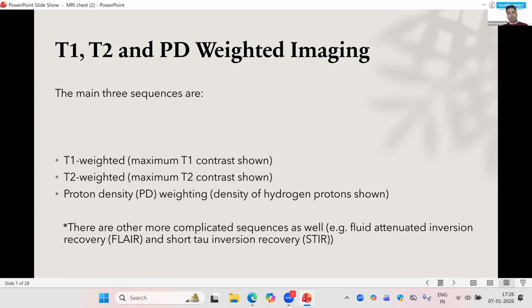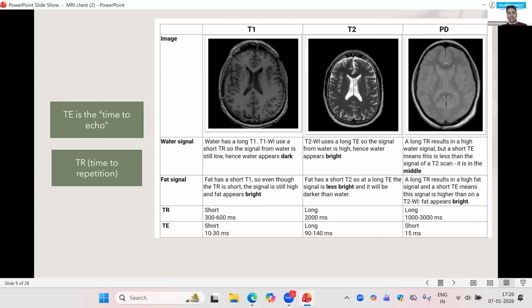In this slide you can see that in T1 weighted images the fat appears brighter, and in T2 weighted images the water content of the organ is seen brighter, and in the third image you can see it midway between the fat and water kinds of images in T1 and T2.